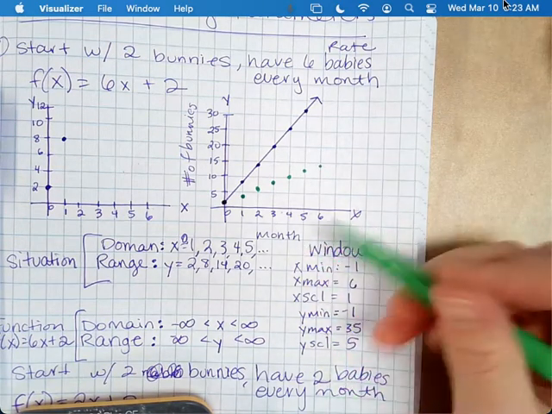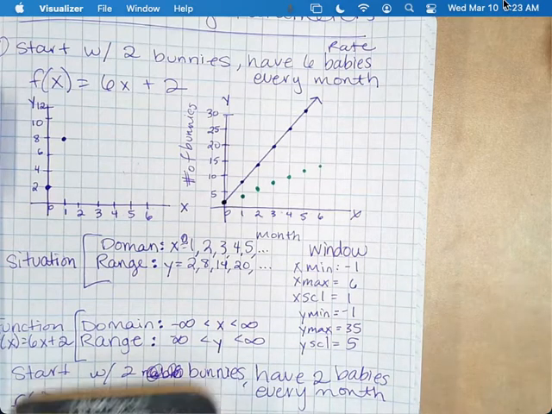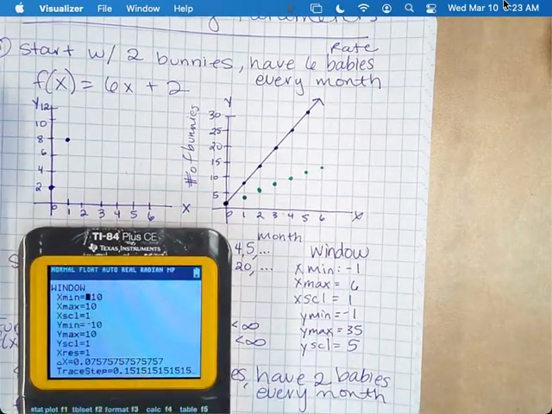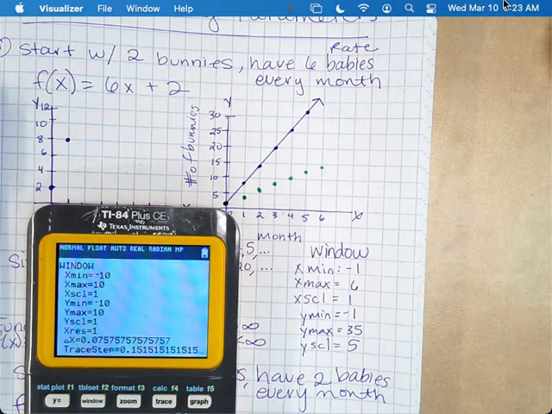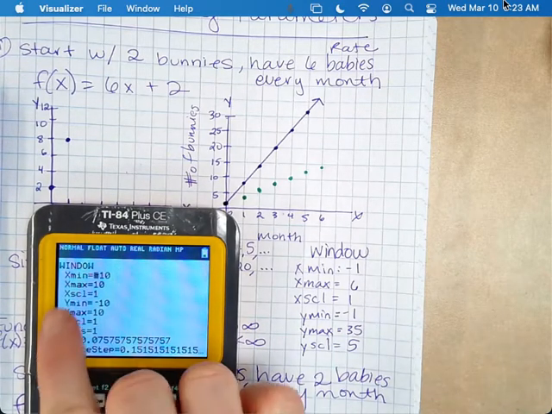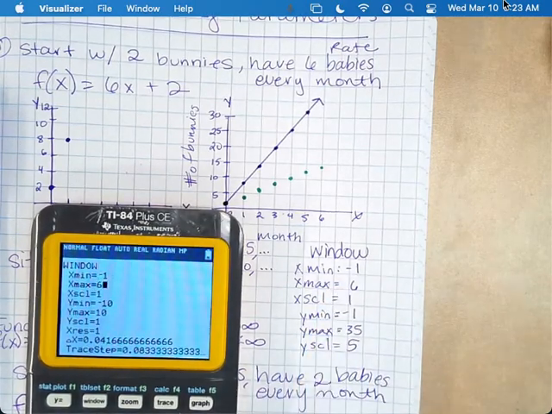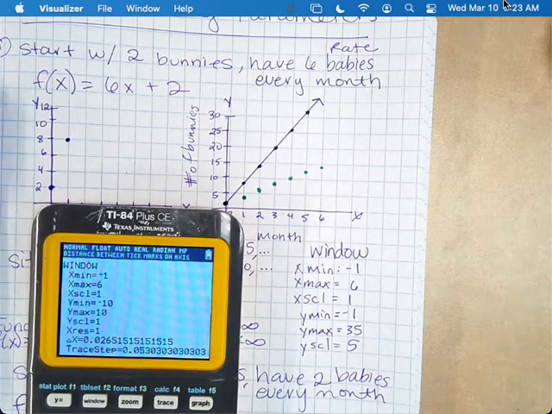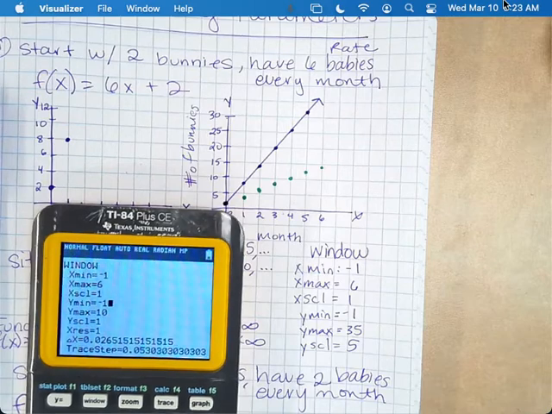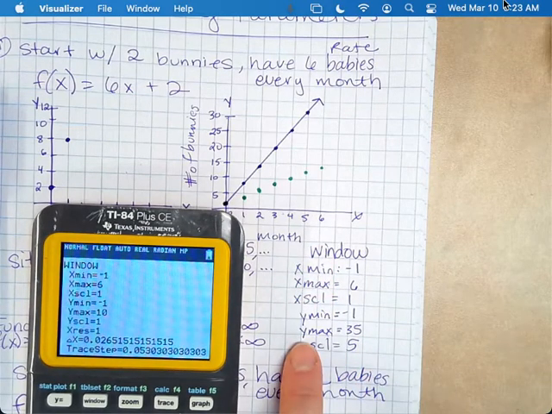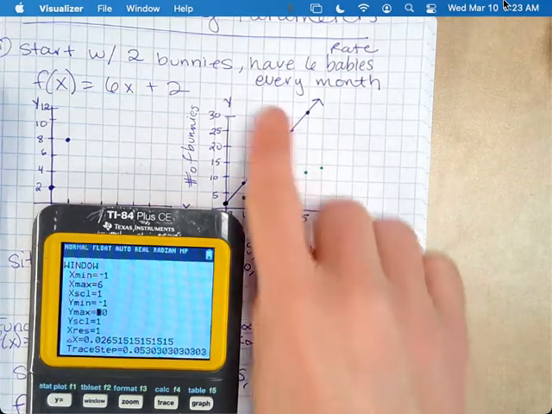So we could keep our same window or we can change it. But let's go ahead and change this window. So everybody get on their window screen. So X min, let's go to 1. I think X max of 6 is fine. Scale, you should be changing your window. Y min, -1. Y max, we can still keep it at 35 because I think I want to actually put these on the same graph.